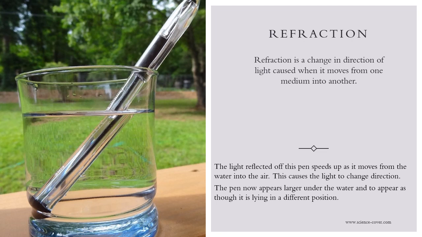The light reflected off this pen speeds up as it moves from water into the air. This causes the light to change direction. The pen now appears larger under the water and appears as though it's lying in a different position.